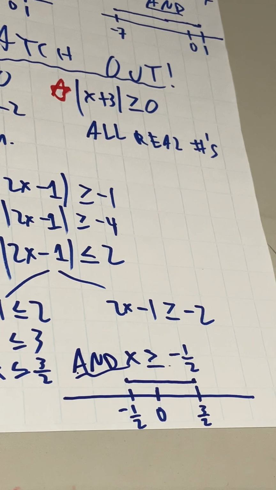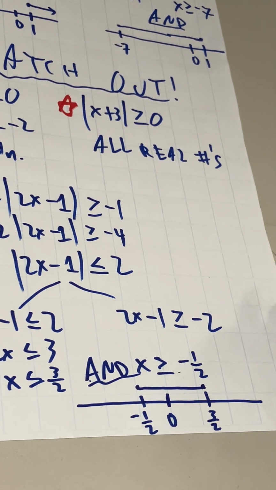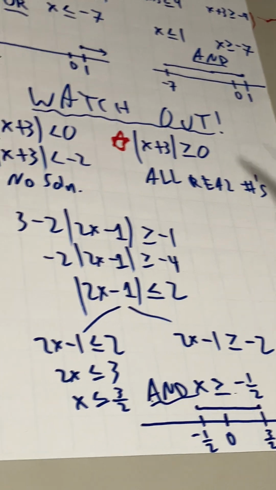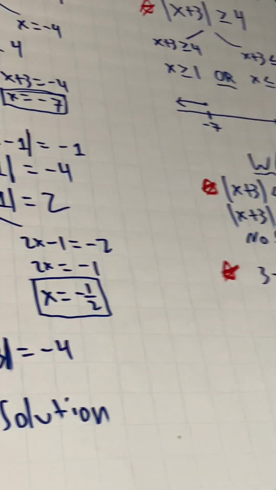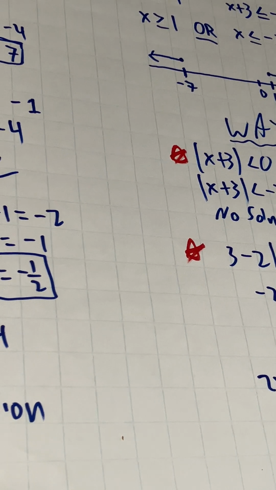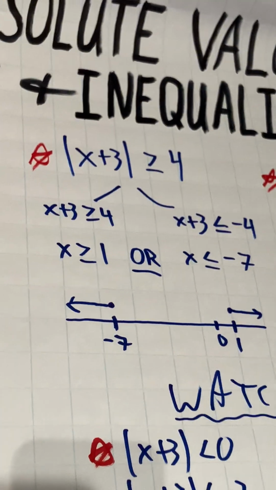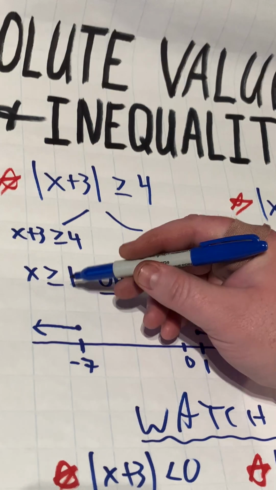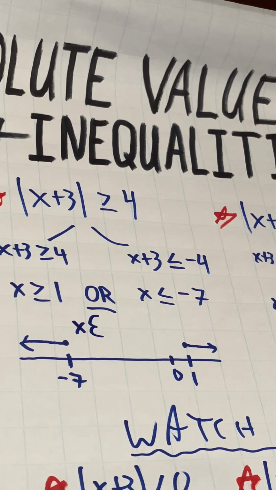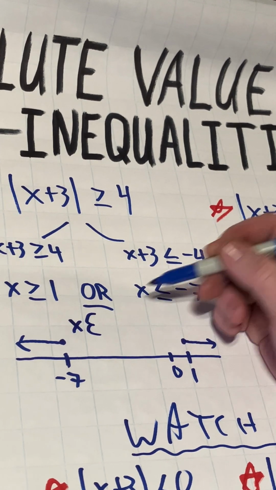Okay, one last thing. Some classes might have you write the solutions a bit differently. So just to demonstrate it, let's say we had, like on this one up here, for instance, they might have you write something like x exists on, and you may not even have to write that part, but this is the key part.